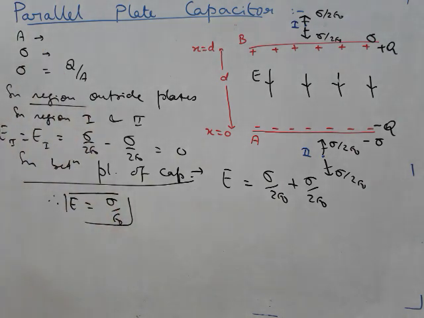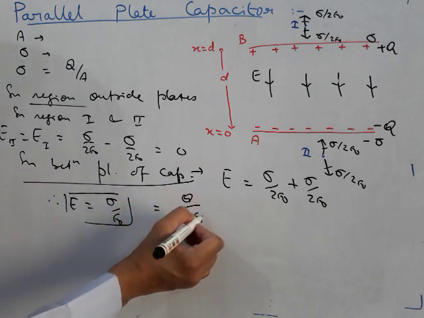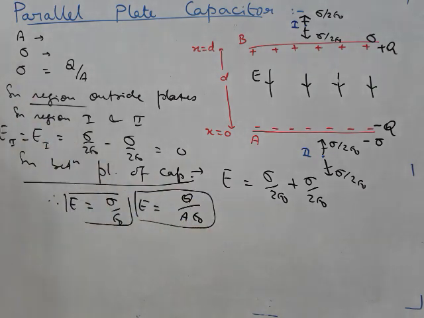So this is the expression for electric field between the plates of the capacitor. Now this sigma is Q upon A, so I will replace it by Q upon A. So we have E is equal to Q upon A epsilon naught.